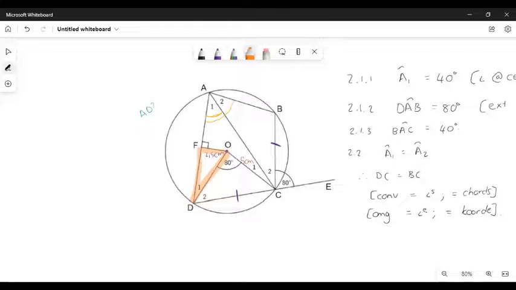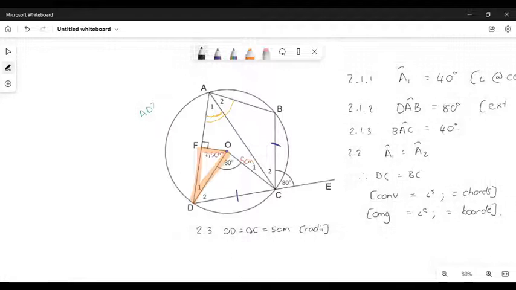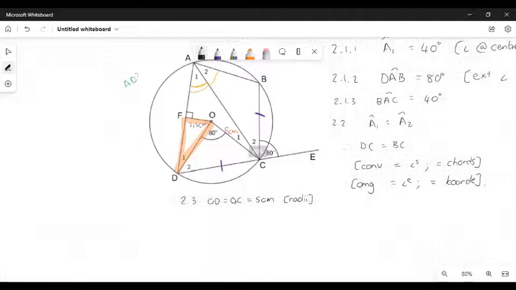Okay, so what does that 5 centimeters help me? Good. Okay. So then it's easy to find FD.